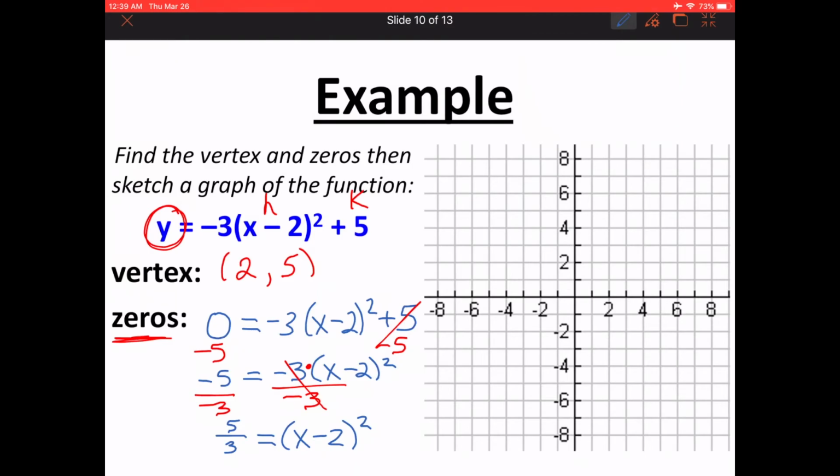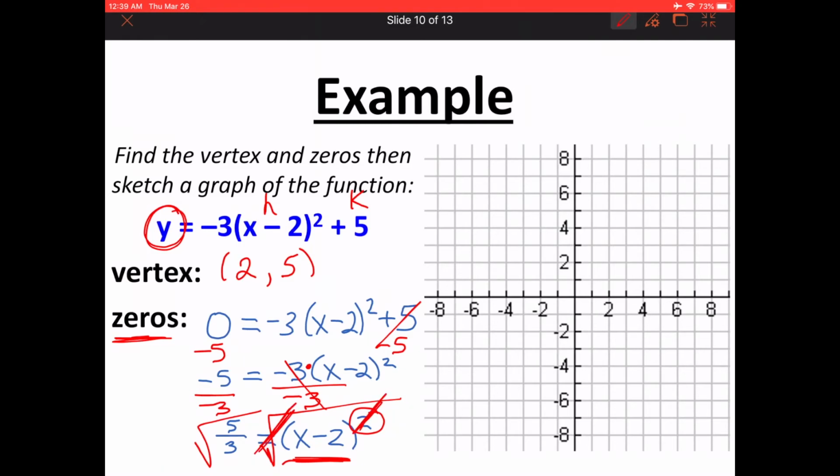Okay? Because this x minus 2 is glued together by those parentheses, my next step is to get rid of this square. And how do I get rid of that square? By square rooting. So I square root both sides.